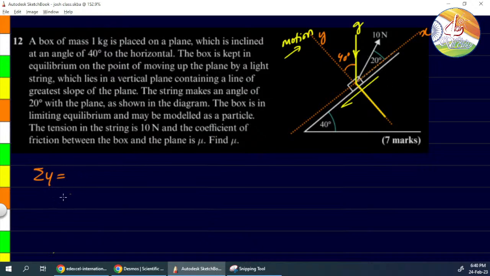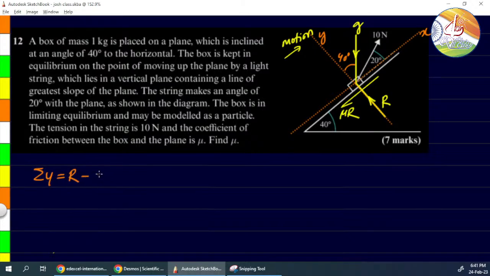Then take all the vertical components. Reaction will also be upwards, and because it is in limiting equilibrium, friction will be mu times R. So in y components, R is positive because it is acting in the positive direction.